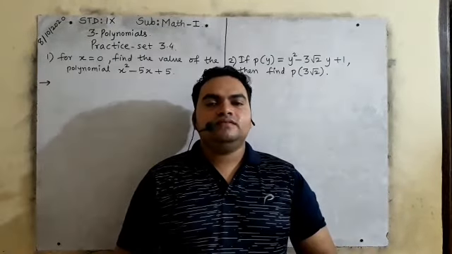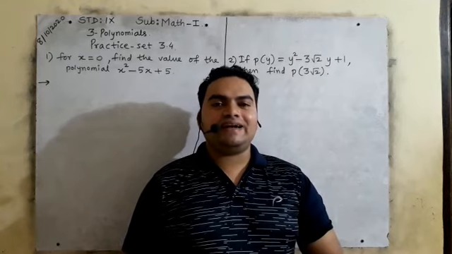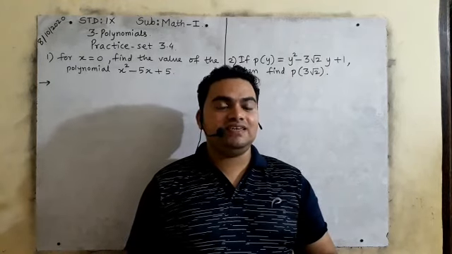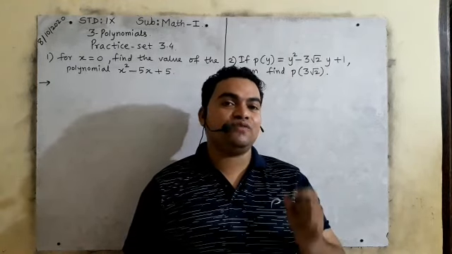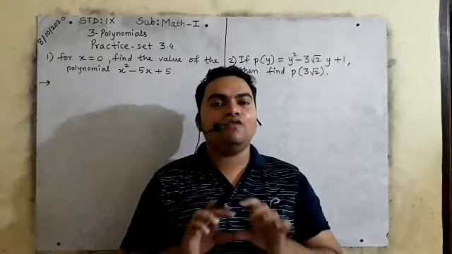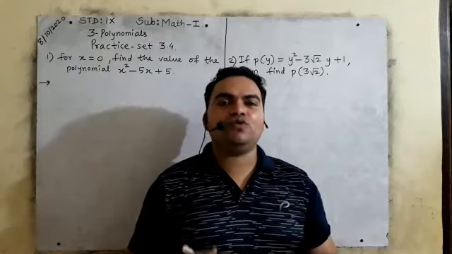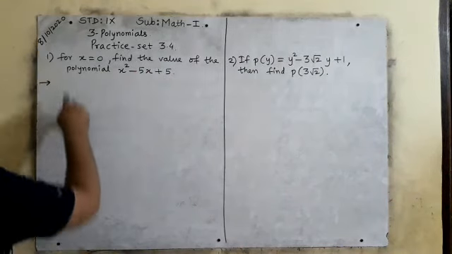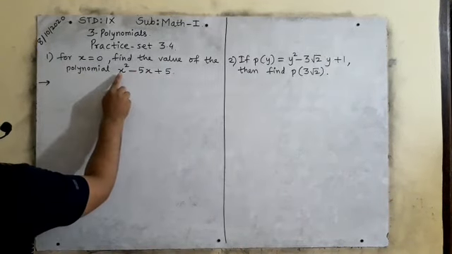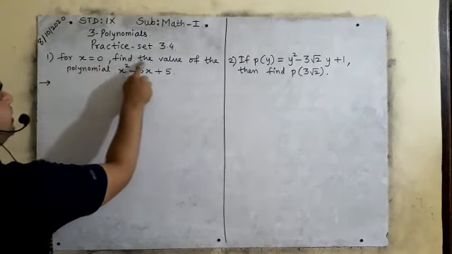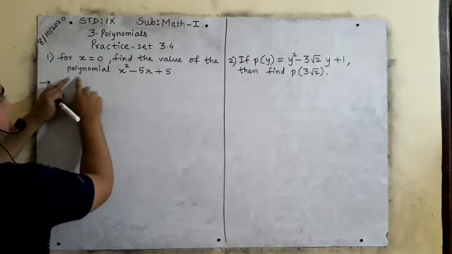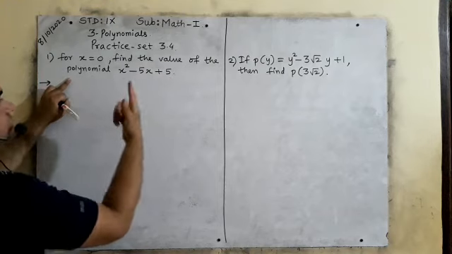Is it clear? So dear students, now we will start practice set 3.4. It is very easy. We know how to utilize the value of x and y and how to solve the polynomial. Please look at the board. It is very simple. See, for x equals 0, find the value of the polynomial. Polynomial is denoted by p.